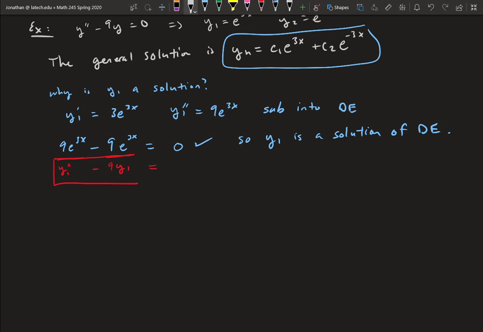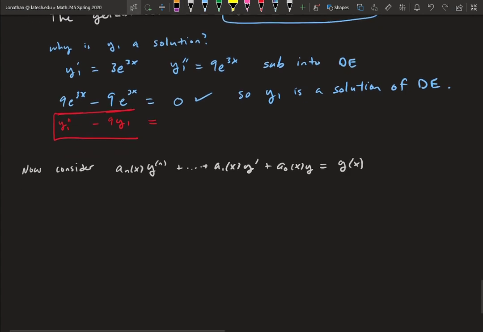So now consider an(x) times the nth derivative plus ... a1(x) y prime plus a0(x) y equals g(x).